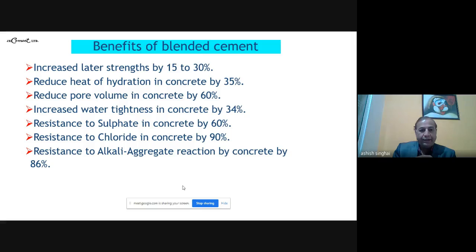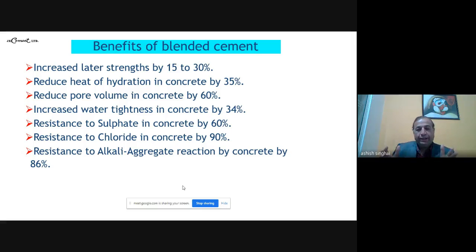Concrete can be densified, concrete can be made watertight, and the most important parameter is that blended cements have exhibited over the years far better resistance against sulfate, chloride, and alkali aggregate reaction, which are largely detrimental to the durability of the concrete.